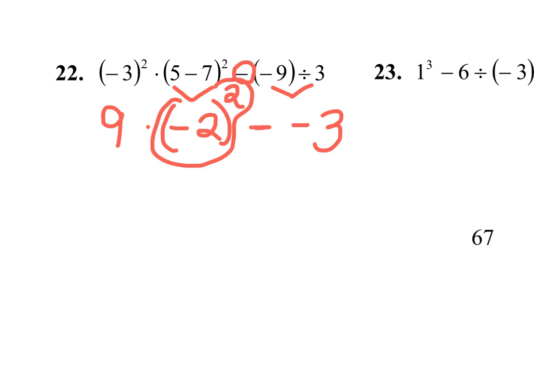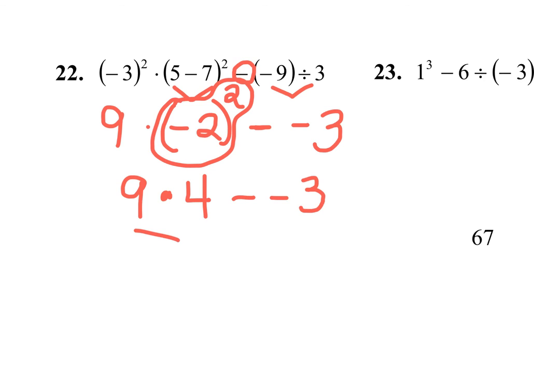So this here is what we're going to deal with first, negative 2 to the second power. Negative 2 times negative 2 is positive 4. We're going to bring down our 9, and we're going to bring down the symbol that goes with it, which is multiplication. And then we bring down our minus 3.